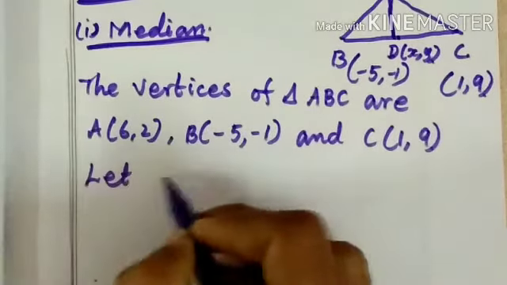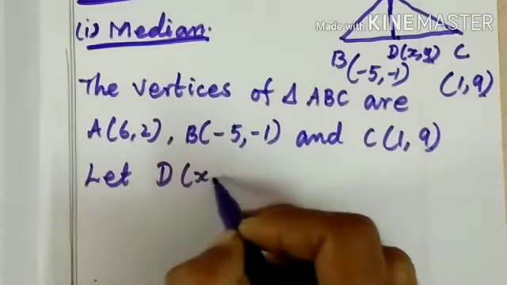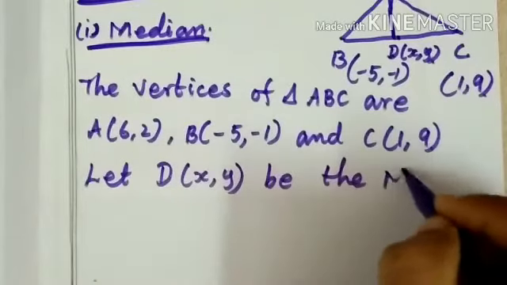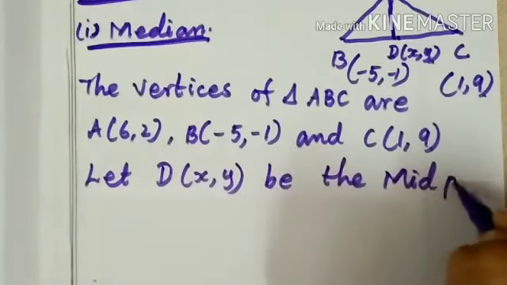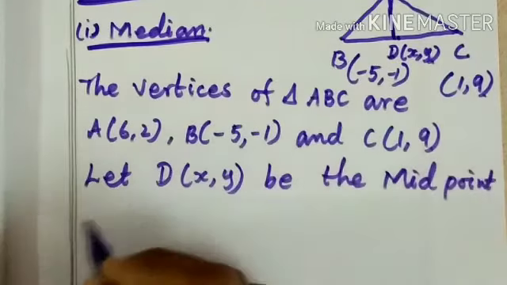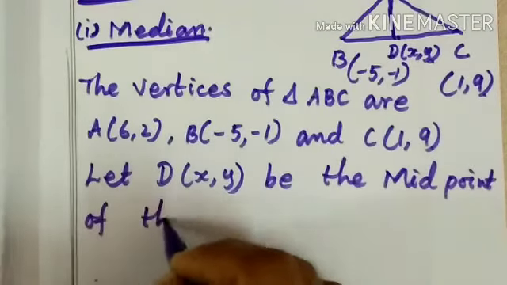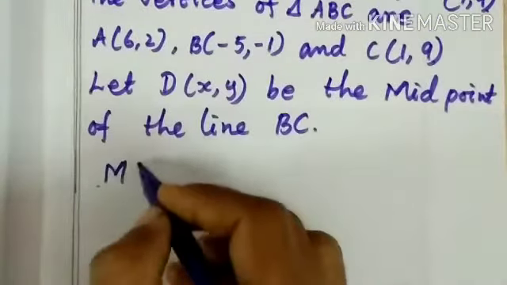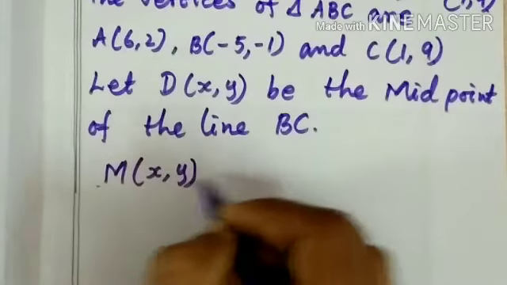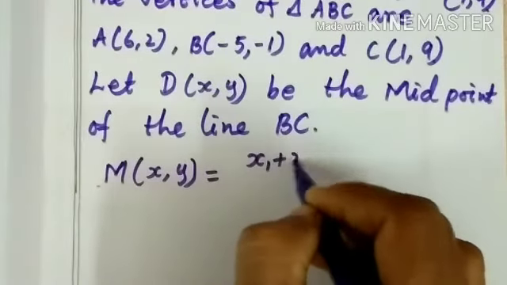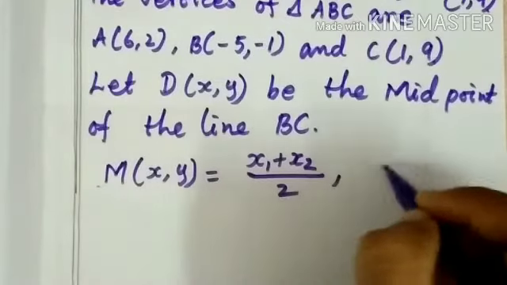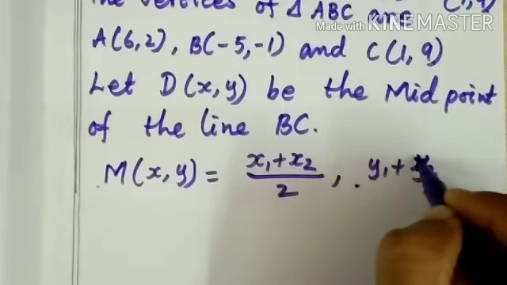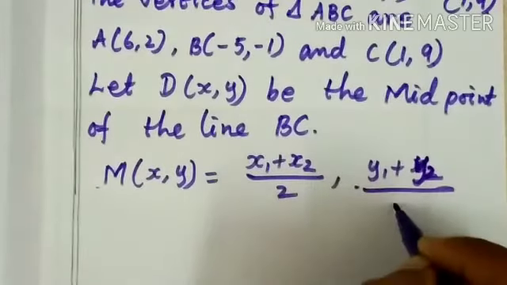Let D (x, y) be the midpoint of the line BC. Next you write the midpoint formula. M(x, y) is equal to (x1 plus x2) by 2, (y1 plus y2) by 2.